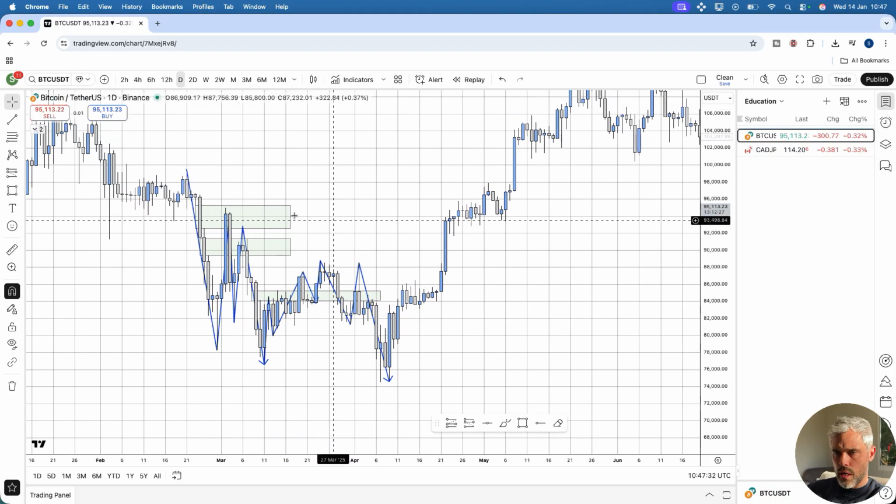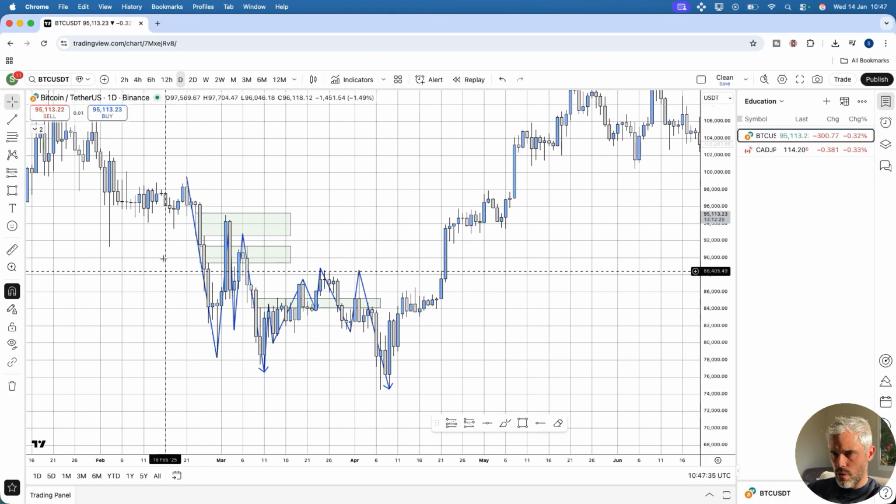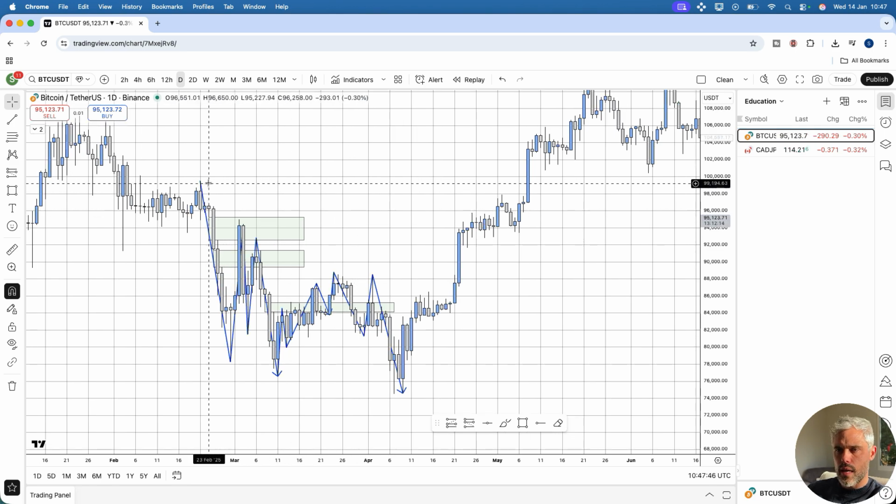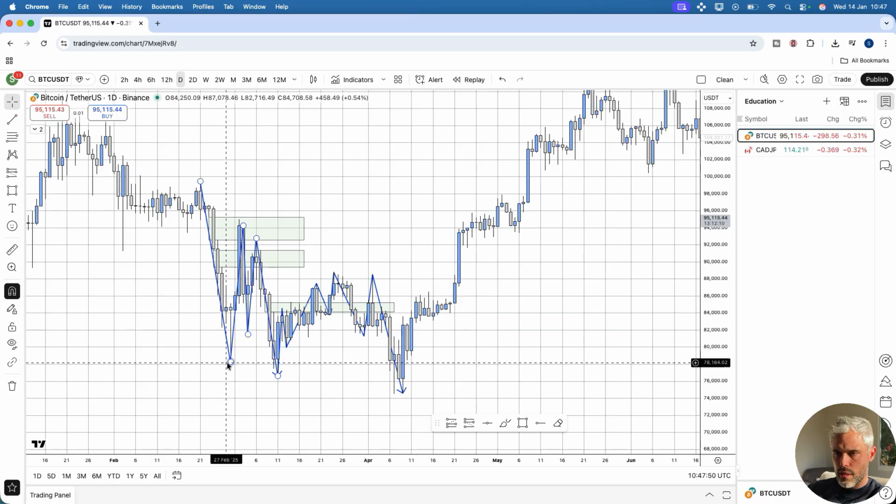So I would argue that irrespective of what is happening here, if you just ignore for a second what is happening and just think about whether supply or demand is in control of this market, it's fair to say that from an order flow perspective on the daily time frame, we have supply in control.